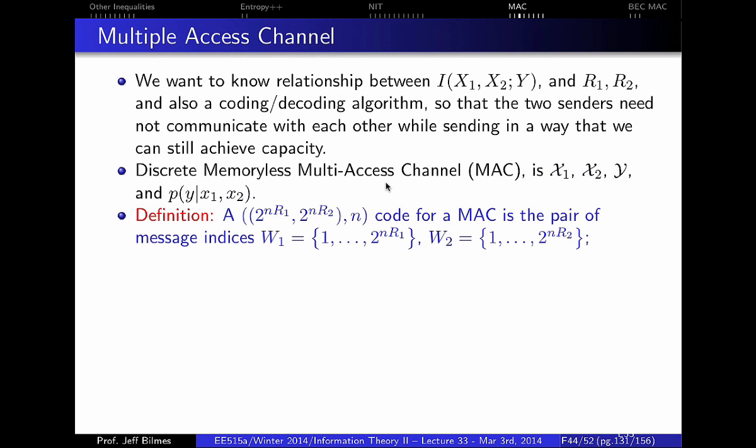Depending on the block length, it corresponds to the number of messages that we can specify. It's the same block, so things are synchronized. We have a block of length n, and Seattle has rate R1, so we can communicate 2 to the n R1 messages at most, and 2 to the n R2 messages from San Francisco to New York.